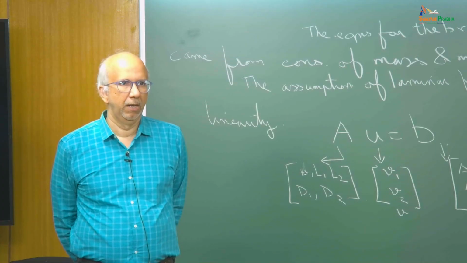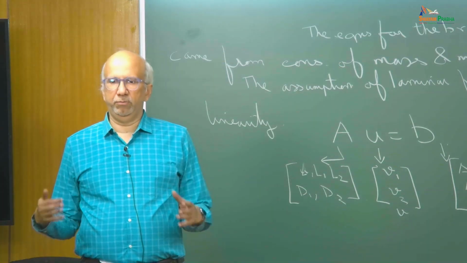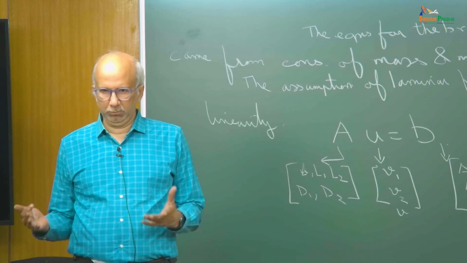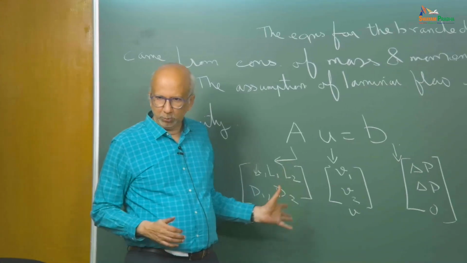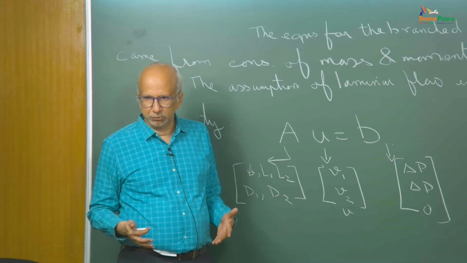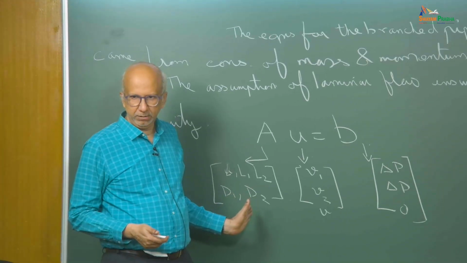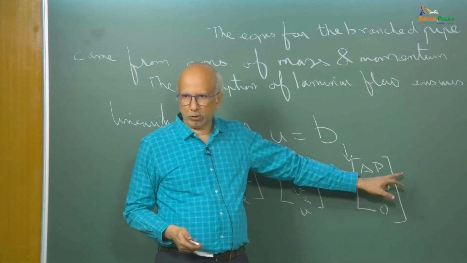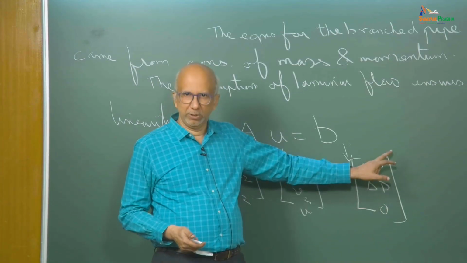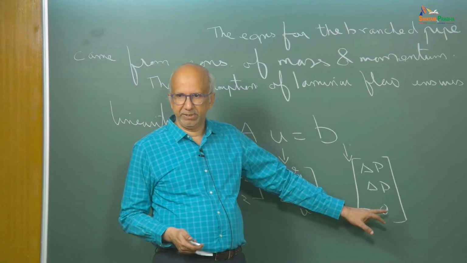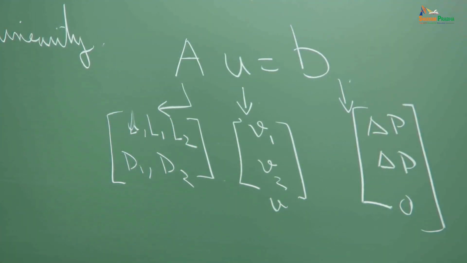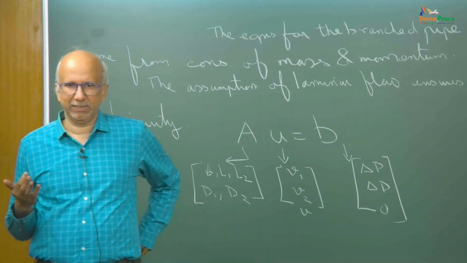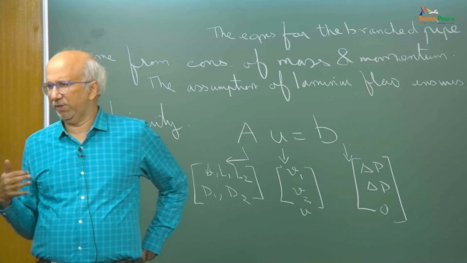Now, when it comes to solving a problem, you know what these variables are. With the viscosity, L1, L2, you put in those values, get the elements of the matrix A, you know the pressure drop which you are imposing, so you get B, and then the unknowns are U. When you were doing your math course, you had an equation of the form Ax equals B. You were just solving it as a mathematical problem.